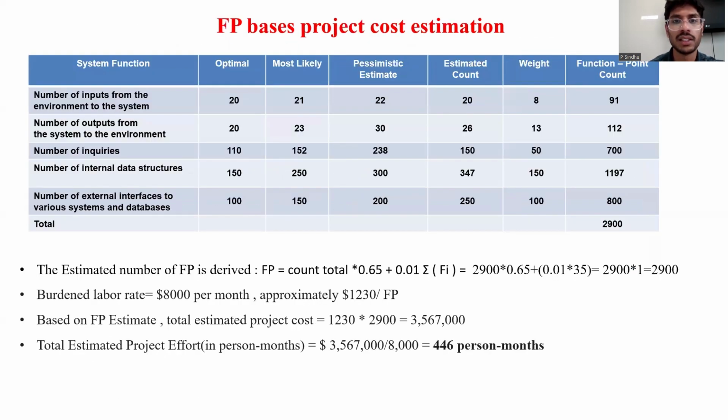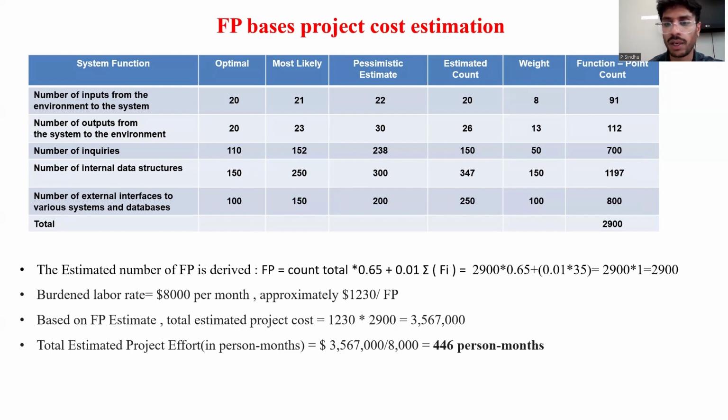And coming to next is the function points based project estimation. In this, we estimate the cost of the project using function points. The table contains multiple system functions and the total number of function points likely to be there in our system. It's somewhere around 2,900 function points.